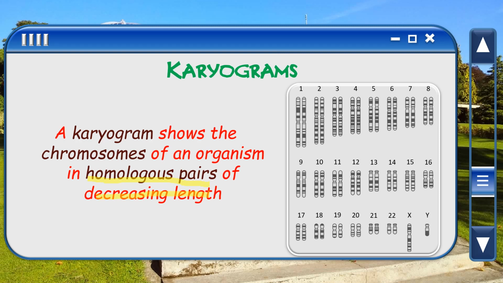So we shall see our chromosomes arranged in homologous pairs, and they will be of the same size, and the size will go on decreasing, starting with the longest to the shortest. That is how the karyogram is arranged.